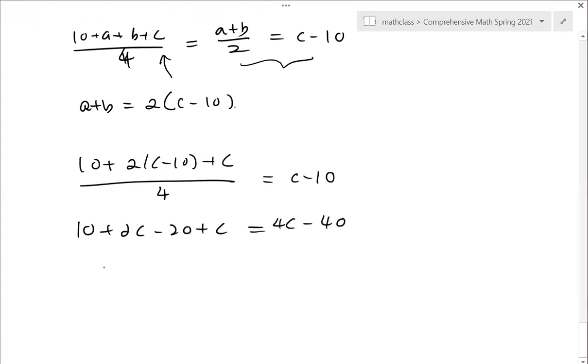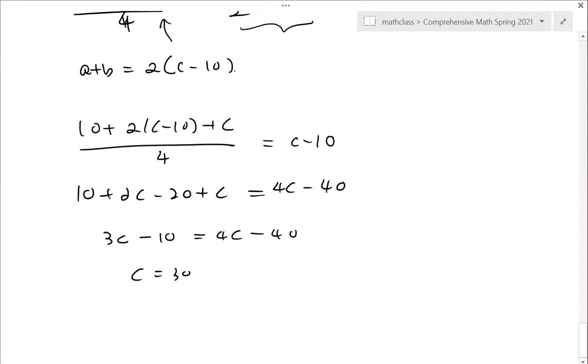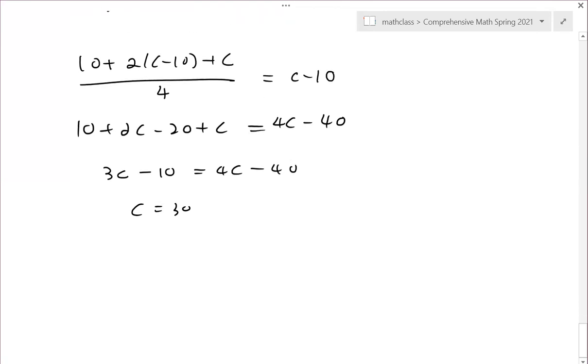So this will be 3C minus 10 equals 4C minus 40. So C equals 30. That is the answer.